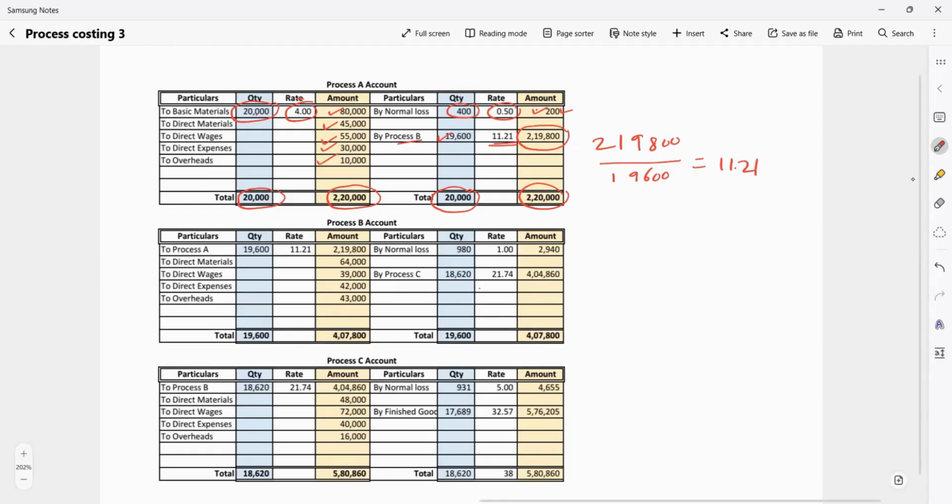So this way, process A account has output value of 11.21, and this we will transfer to process B on the debit side. So the starting point for process B will be 19,600 units. Total amount is 2,19,800 and CPU is 11.21.